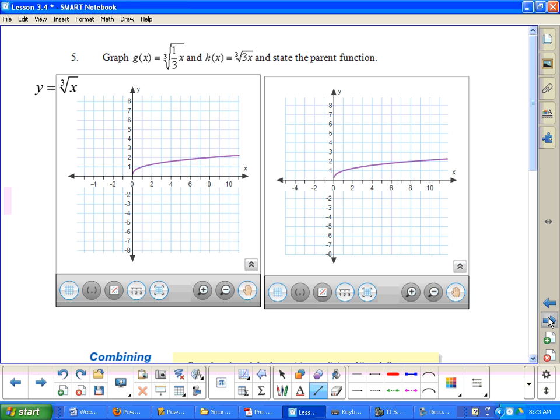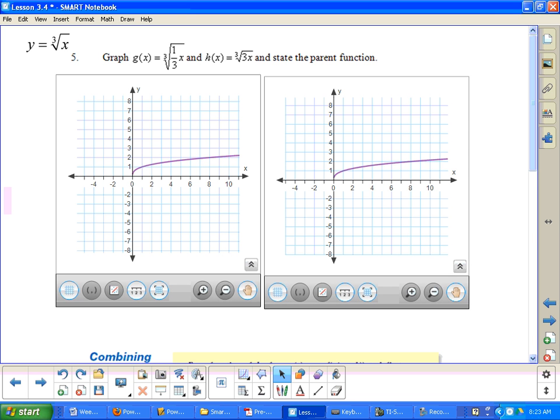Now, notice where the numbers are at. Once again, we have a situation, we have a radical, and the number is under the radical. That means it's something that's happening horizontally. And when we talk about horizontal stretches and compressions, it's always going to be the reciprocal then. So for the first one, it says graph g of x equals the cube root of 1/3 x.